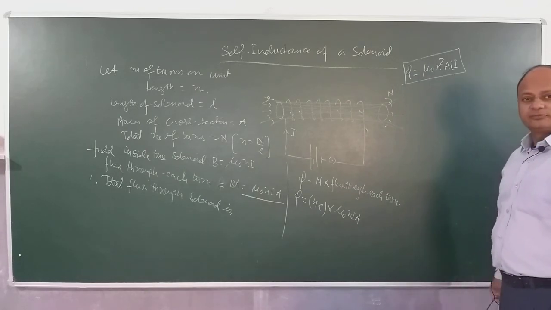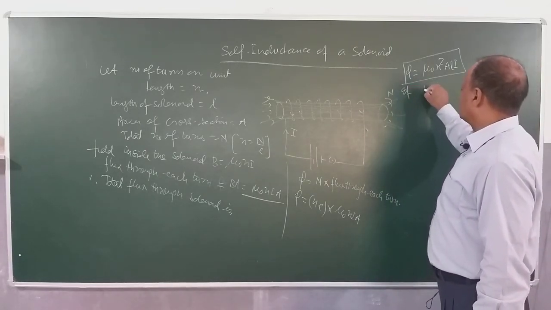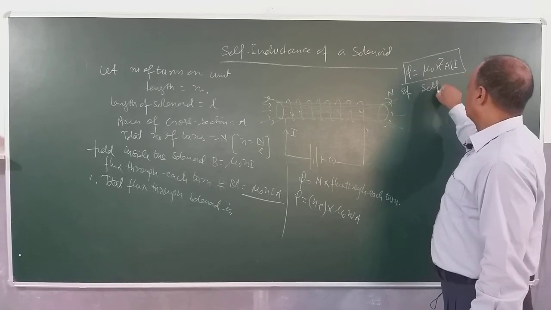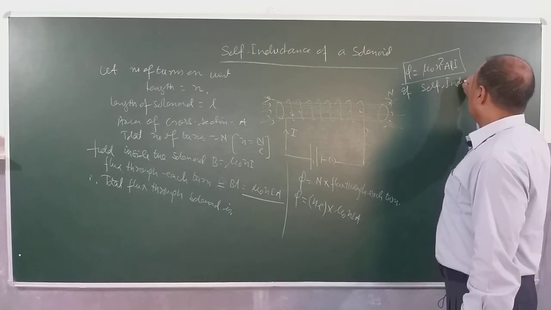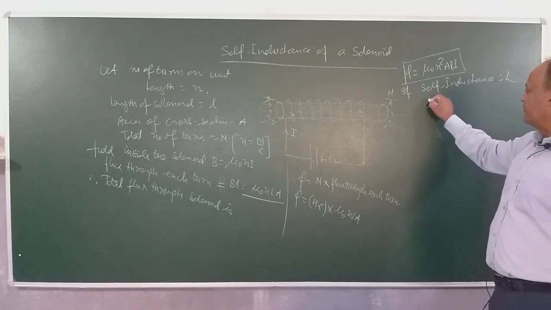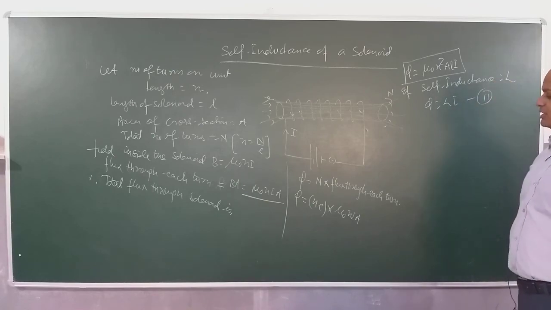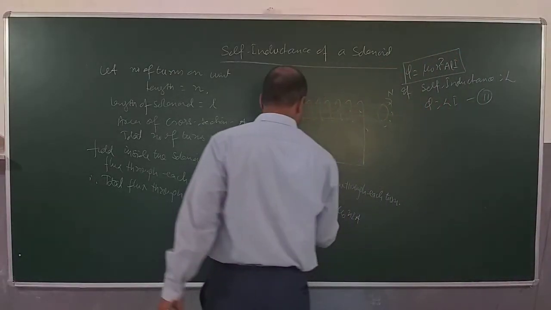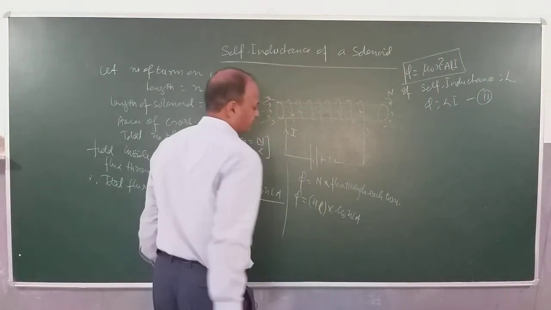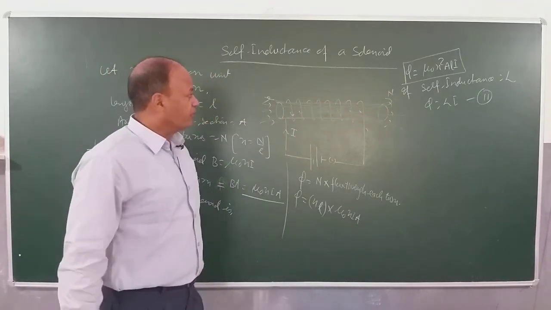Clear? Now children, if self-inductance is L, then phi is equal to, we have studied what? L into I. This is L, so don't be confused, it's not E, this is L. So we already did phi equals L into I, and we got two values of phi.